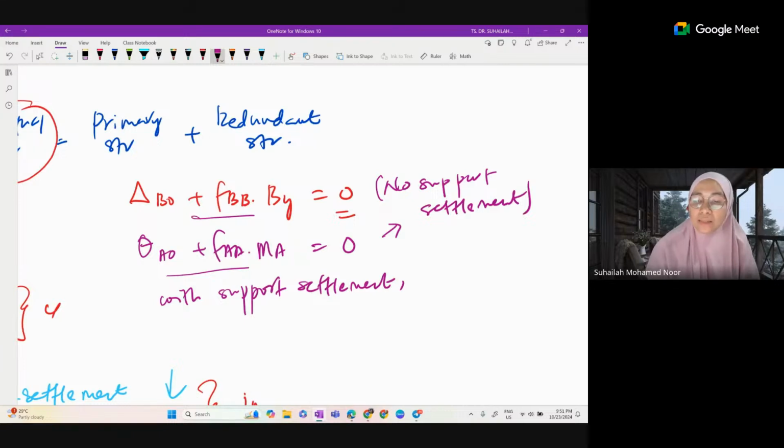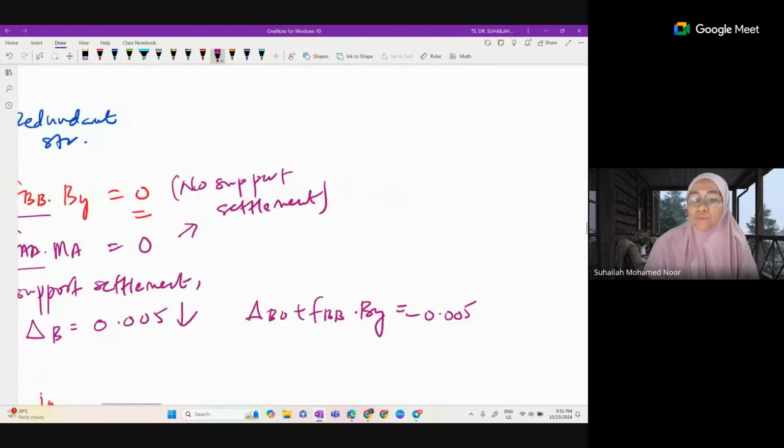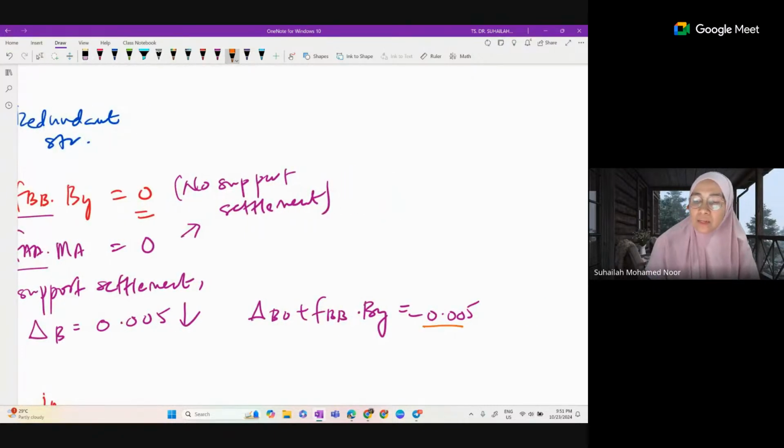For example, let's say delta B is given as 0.005 meter downward. So delta B naught plus F BB times B Y is equal to negative 0.005. This means support settlement. So that's the only difference.